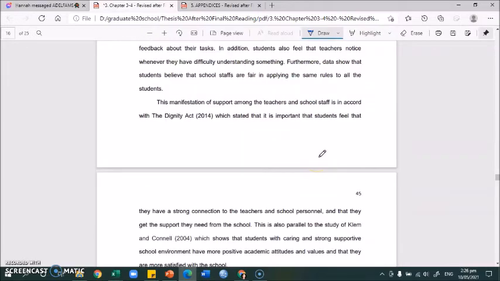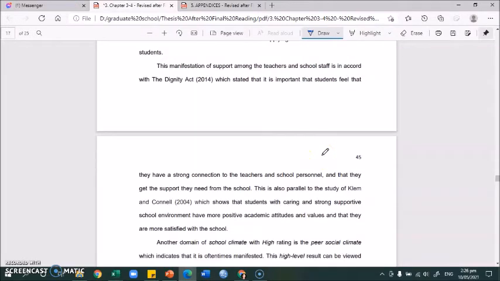Okay? Punta na tayo sa literature that supports your result. So, high level ang support, okay, ng teachers at ng mga school staff. So, this manifestation of support among teachers and school staff is in accord. Ibig sabihin, kapareho, okay, sumusuporta or supports, okay, with the Dignity Act 2014.